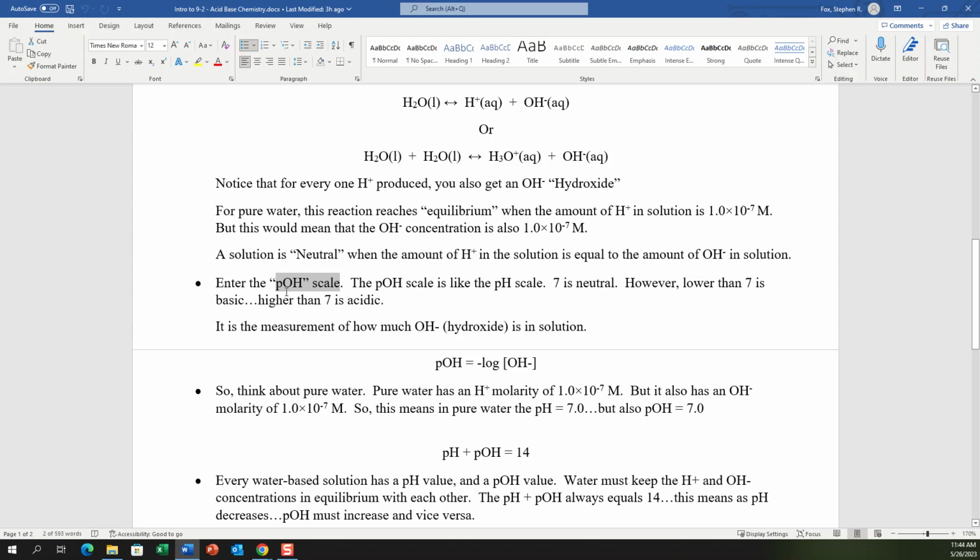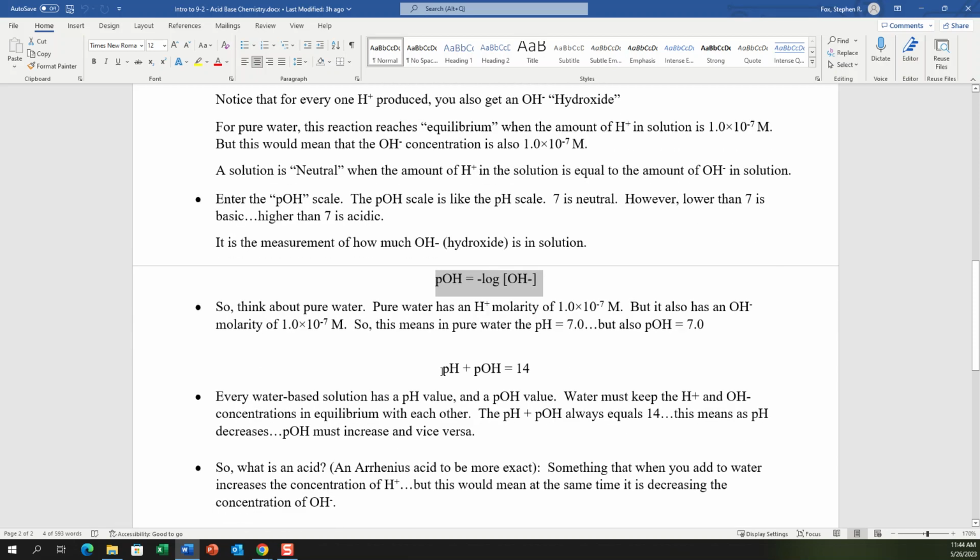It's just flipped around 7. 7 is neutral, but a low pOH would be basic and a high pOH would be acidic. It's kind of flipped around 7. Well, how do you calculate the pOH? The pOH is just the negative log of the molarity of hydroxide. So if you know the molarity of hydroxide, you could take the negative log of that, and that'll give you the pOH measurement.